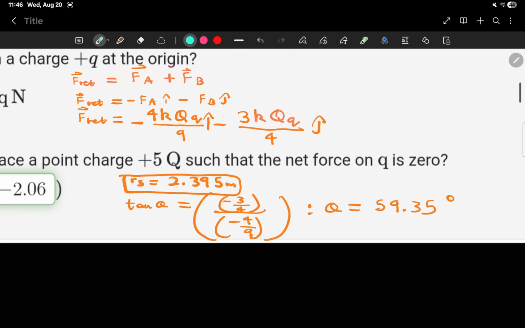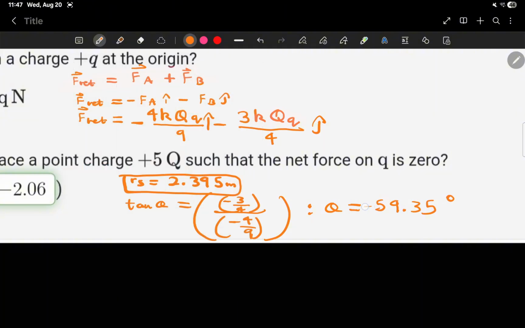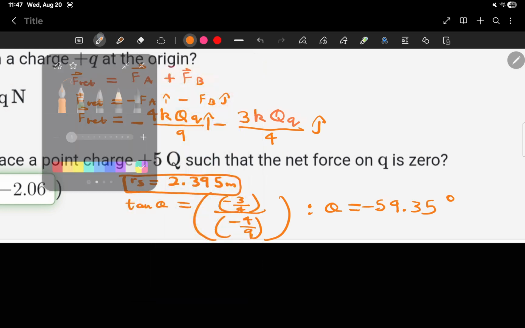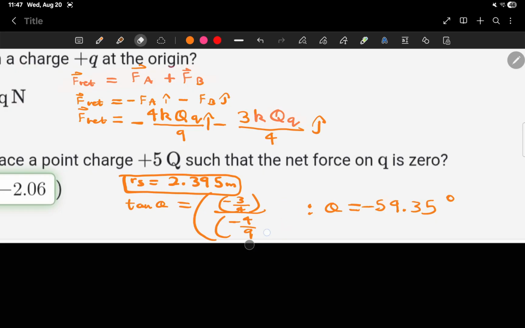So that's why we have a negative sign here, though it doesn't come from the equation, the values themselves. I'll be doing some erasing here.